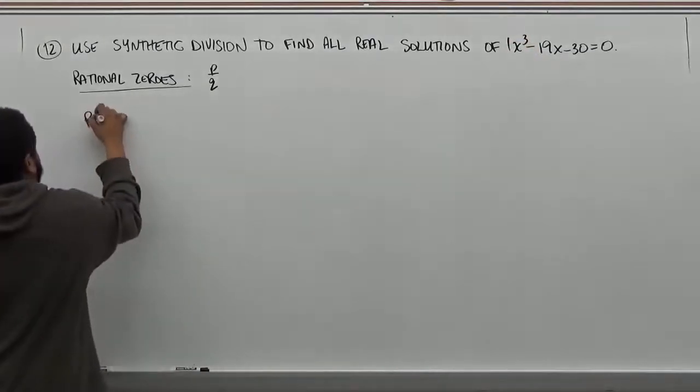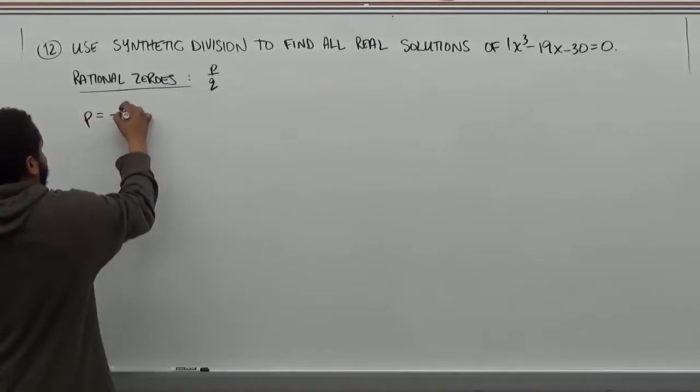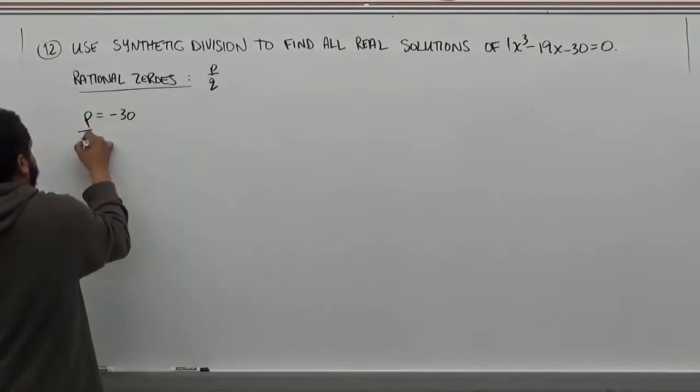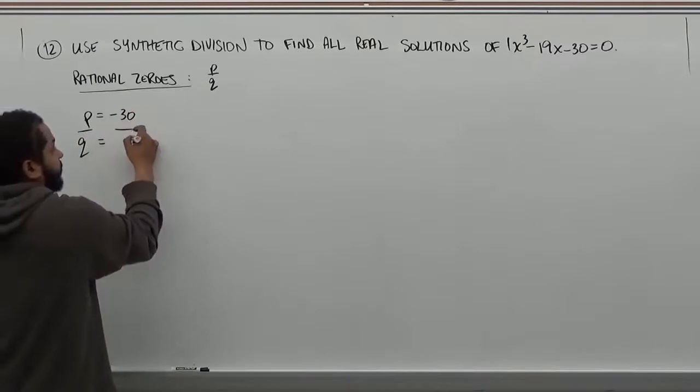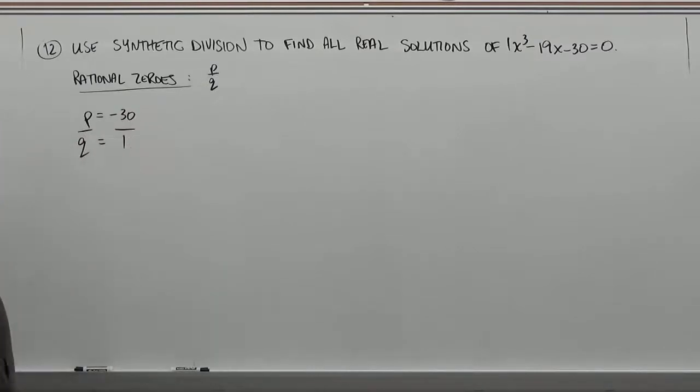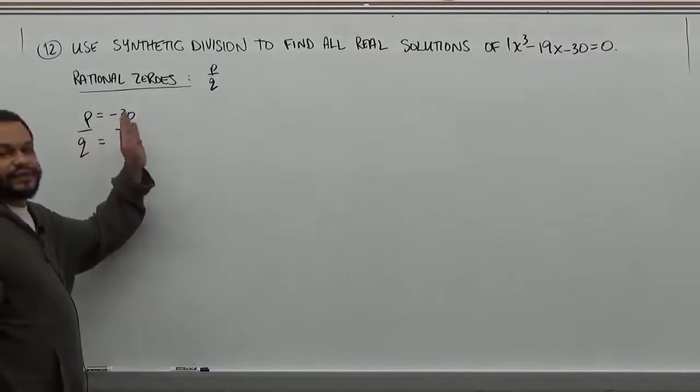So our P term here is going to be negative 30. Our Q term is going to be positive 1.